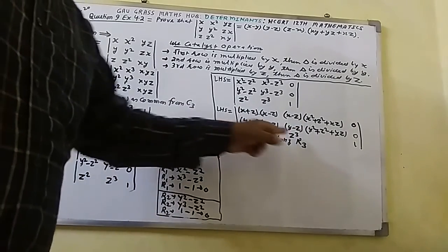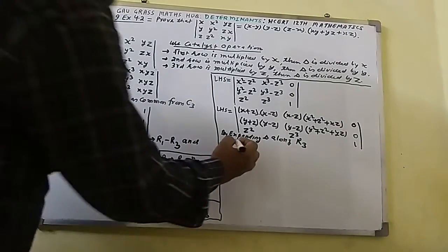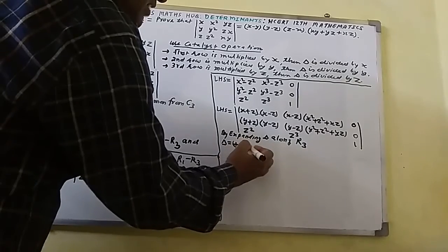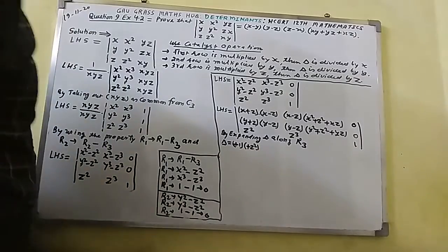So here I shall write plus 1, that is fixed here. Here write plus z, z square. Here write plus z square.